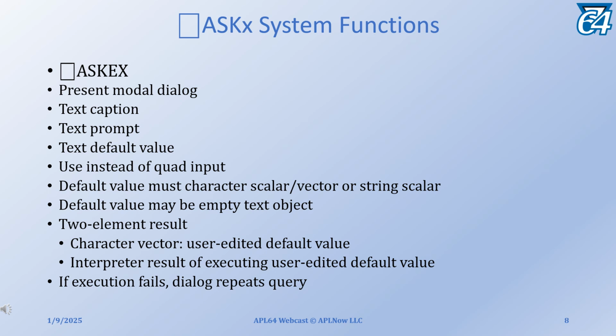The QuadASKx default value may be an empty text object. The QuadASKx result is a character vector containing the user-edited default value. If the user input cannot be evaluated by the interpreter, the QuadASKx query is repeated.